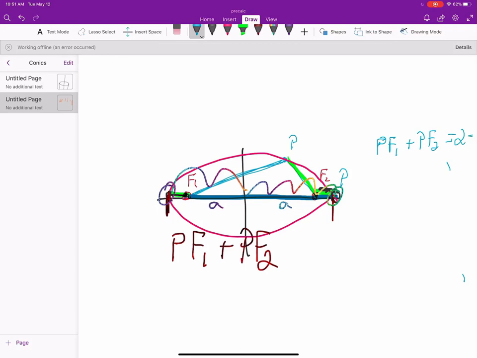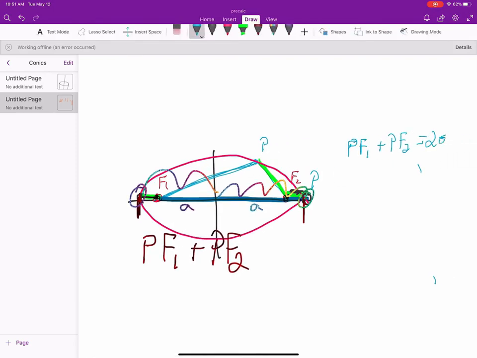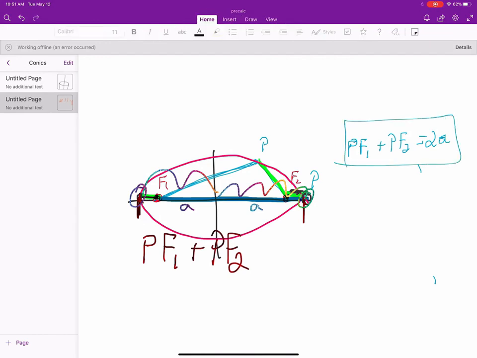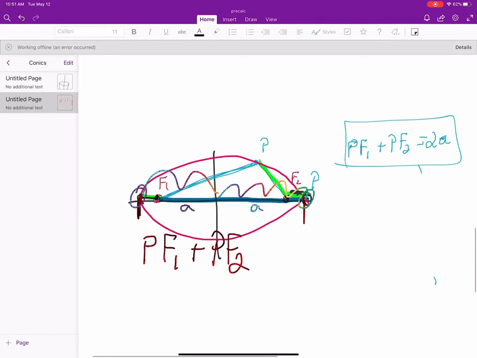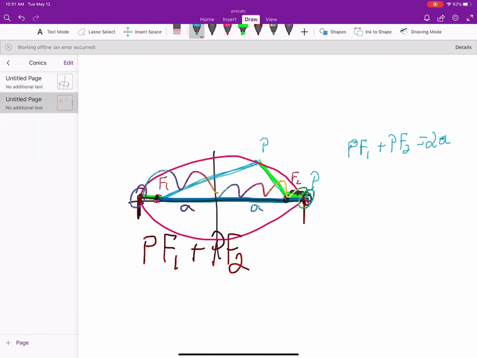So this here, even though I'm trying to draw it, is actually 2a. So not only is it a constant, but it's equal to 2a. All right, so that's kind of cool. And I want you to make sure you got that because that's going to be important.